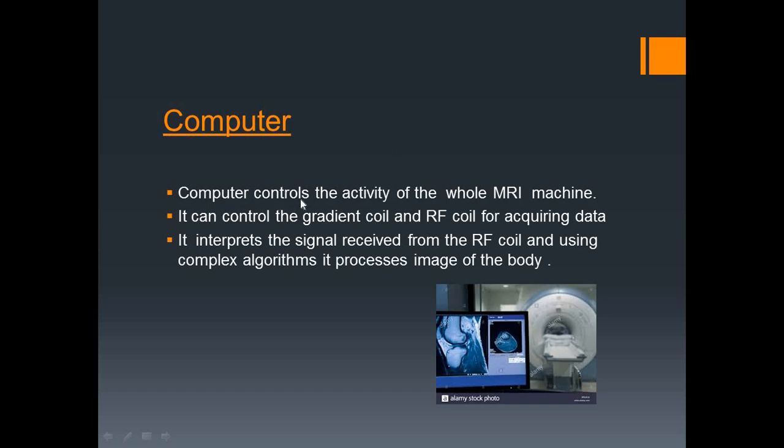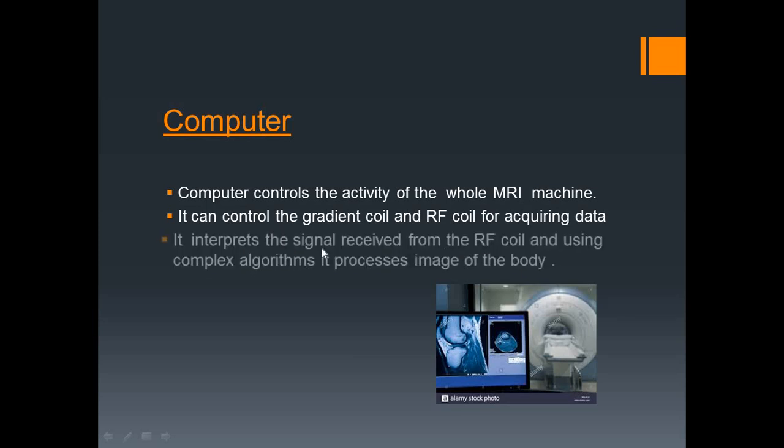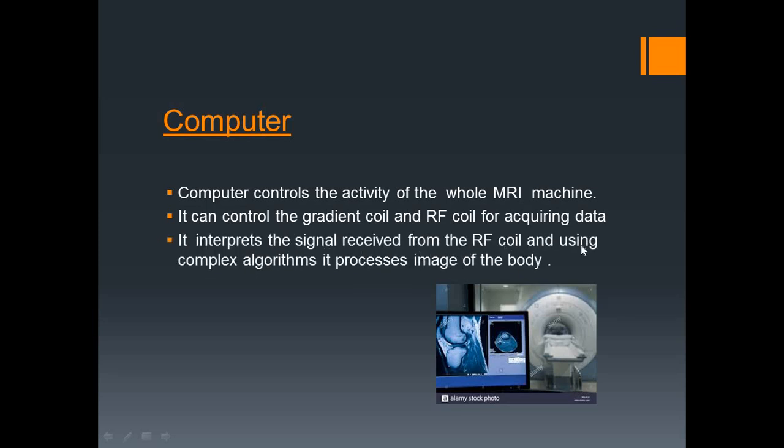Computer. The computer controls the activity of the whole MRI machine. It can control the gradient coil and RF coil for acquiring data. It interprets the signal received from the RF coil, and using complex algorithms, it processes the image of the body. So we can say that the computer actually controls the whole MRI machine.